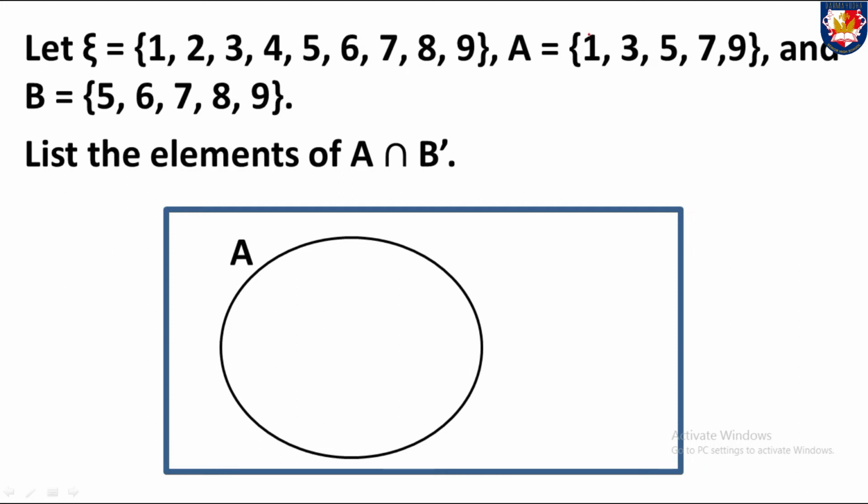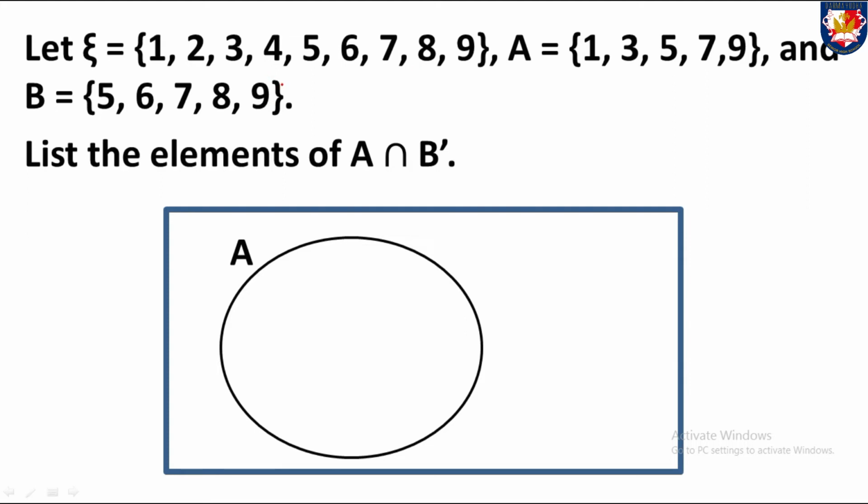The common elements between A and B are 5, because 5 belongs to A and also belongs to B, then 7, because 7 belongs to A and also to B, and the last is 9, because 9 belongs to A and also to B.